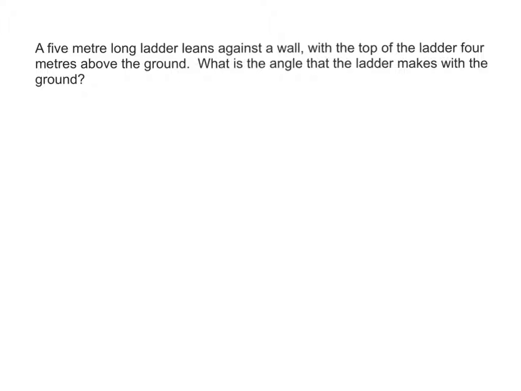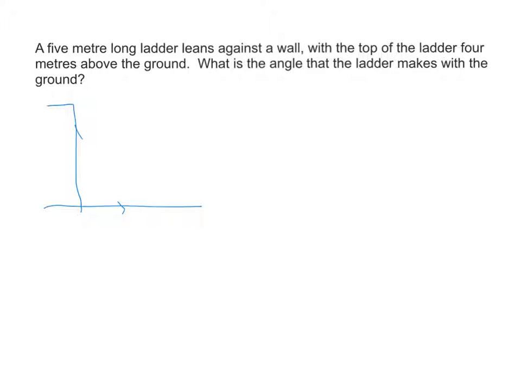This one's a little different because it's a word problem, but it still works the same way. It says, a 5-meter long ladder leans against a wall with the top of the ladder 4 meters above the ground. So I'm going to draw a picture of that. Here's the wall and the ground, and you have this ladder leaning against it. Oh, that's not a very straight line.